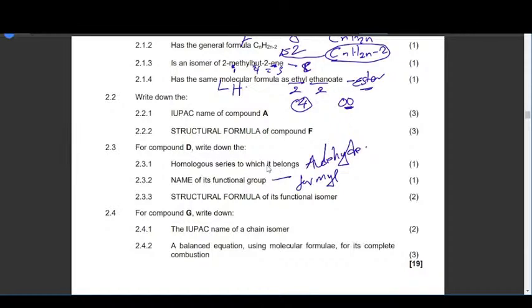Then 2.3.3 is the structural formula of its functional isomer.